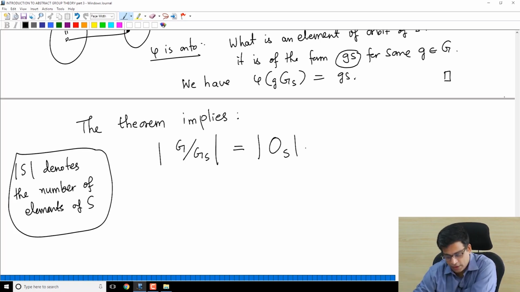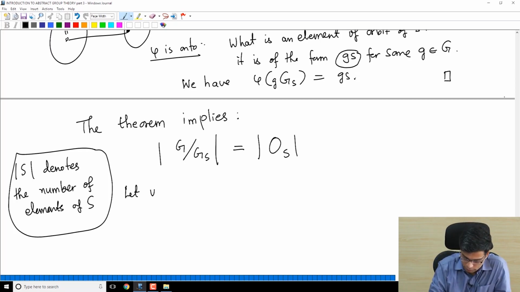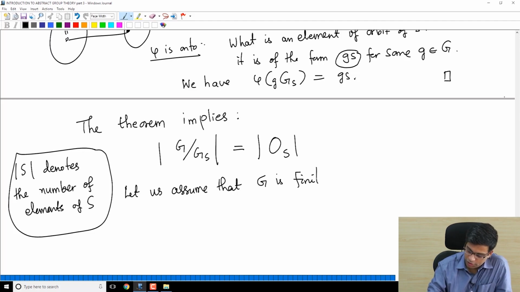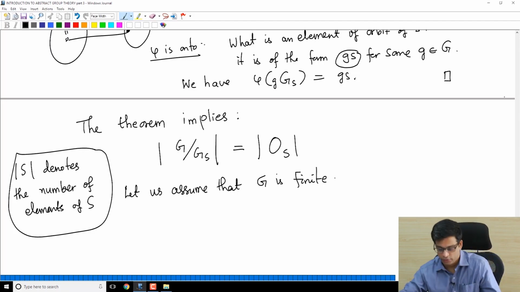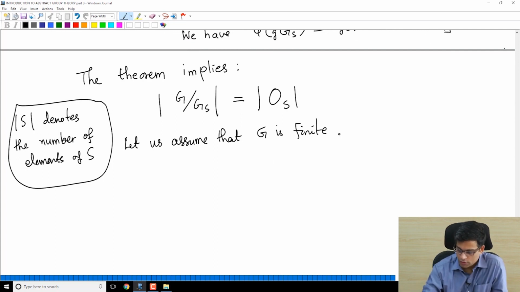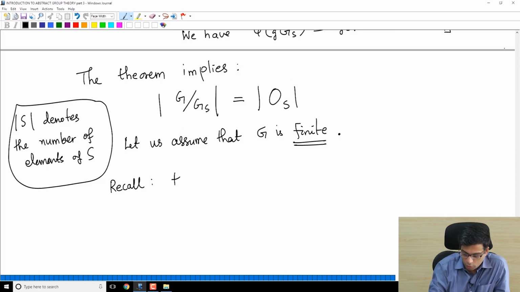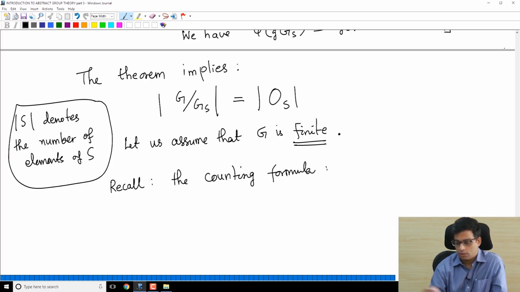This will be most useful when the group and the set are finite. So let us assume that G is finite. We need only that G is finite; the orbit will be finite, and S may not be finite, it doesn't matter. Recall the counting formula that we proved when we talked about cosets of a subgroup in a group.